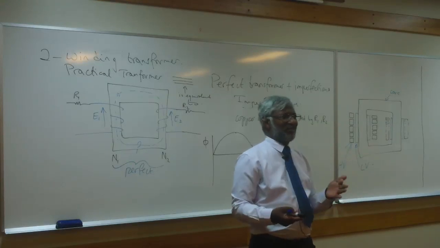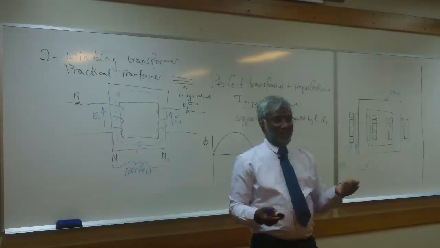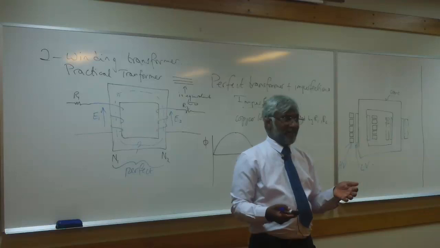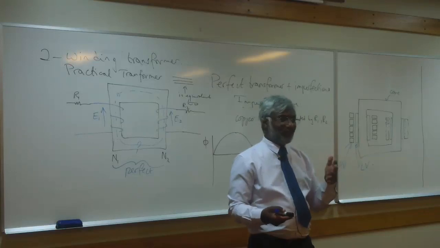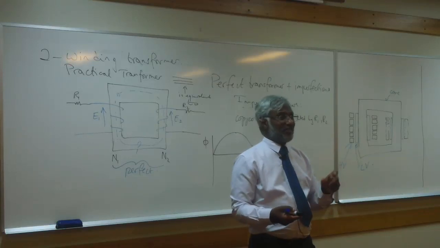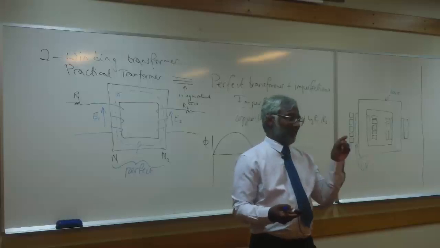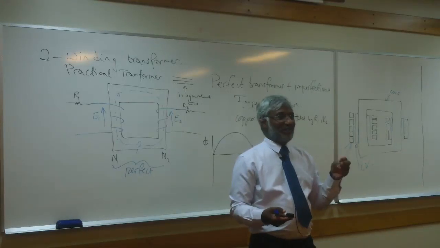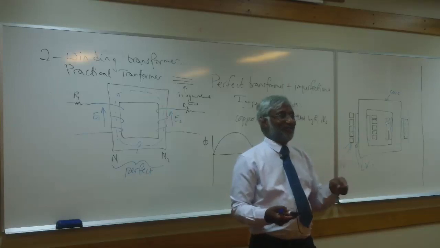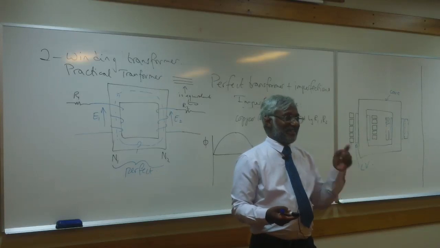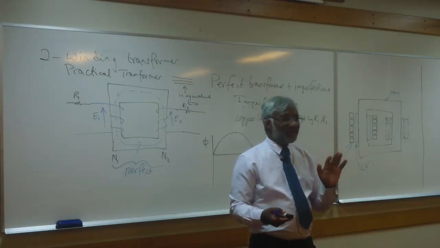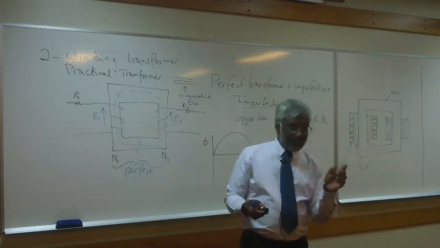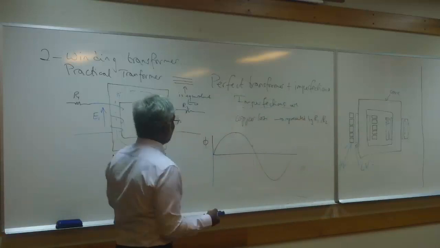Hysteresis is essentially magnetizing the core as a permanent magnet and then destroying it 50 times a second. So you're creating a permanent magnet, permanent in inverted commas, and then destroying it 50 times a second. Every time you do that, you're losing a bit of power. As I say, I described that in detail in the power electronics book, so you can have a look at that.